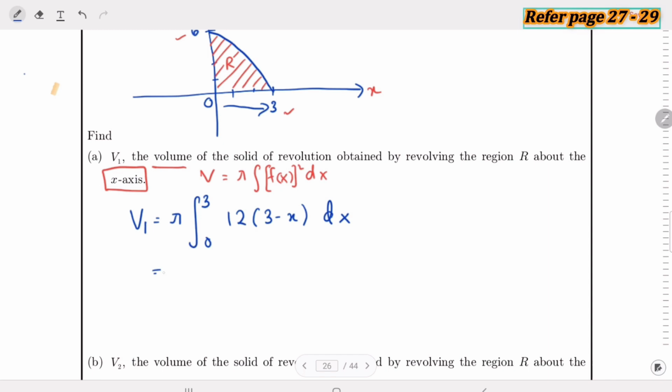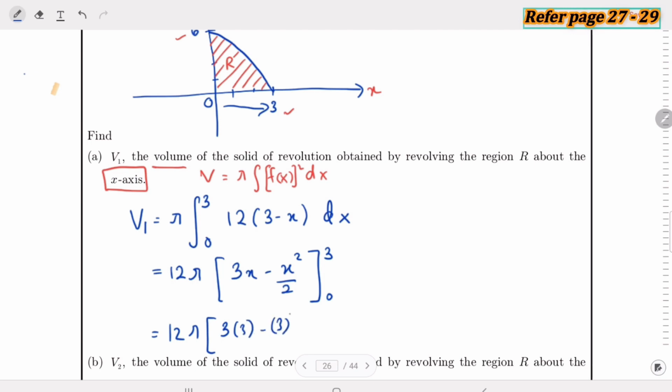Since 12 is a constant, I can take out the 12 here, 12 pi, then inside, integrating 3 gives 3x minus x squared over 2 from 0 to 3, so equals 12 pi times 3 squared minus 9 over 2 minus 0. So what do we get here? The volume is 54 pi units cube.